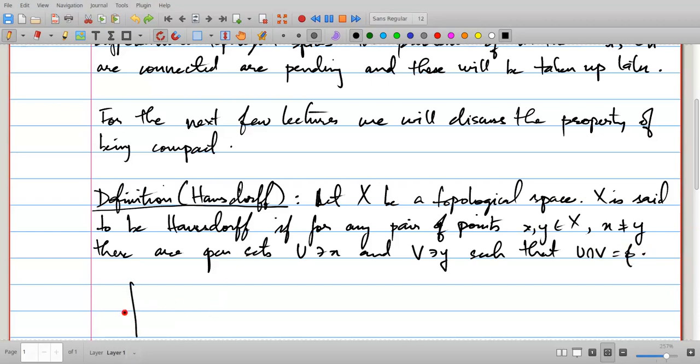So if we take R2 and 2 points, then clearly we can make two small disks around these 2 points, and so R2 is Hausdorff. This picture shows it.